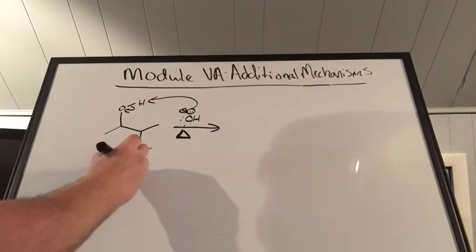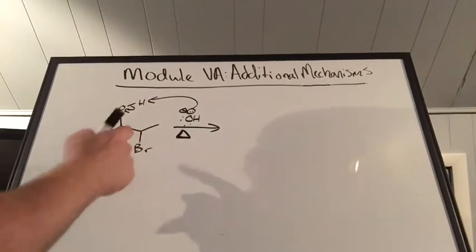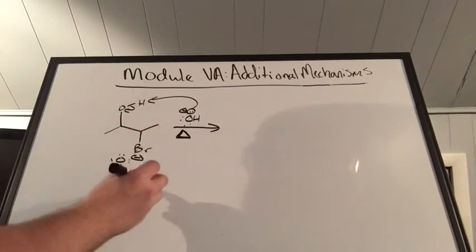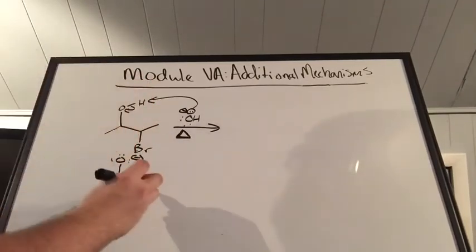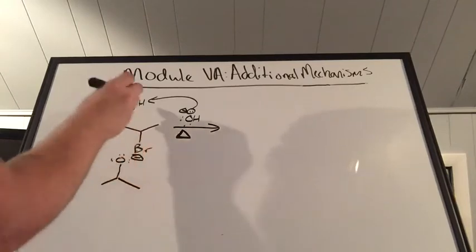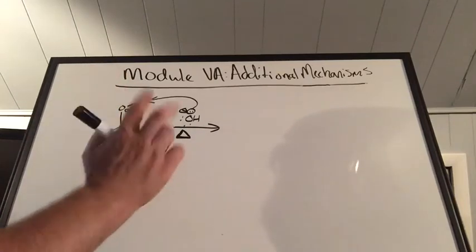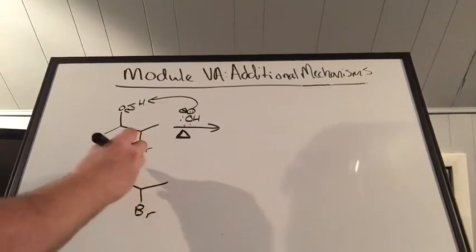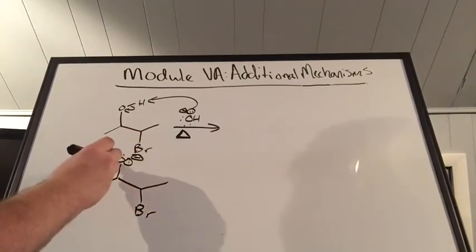Or rather, this anion is going to be in equilibrium with that OH. Remember, they're both going to be fighting for the same H plus. That H plus is the soccer ball, right?